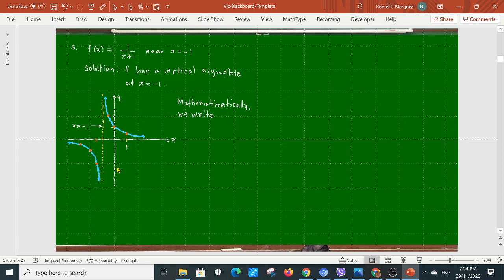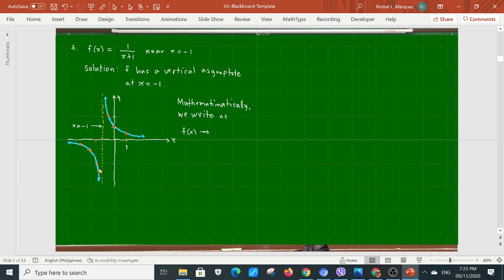Many things are changing. So travel from the left, approaching negative 1. What is happening? So we write, as x approaches negative 1, where does the function value go?